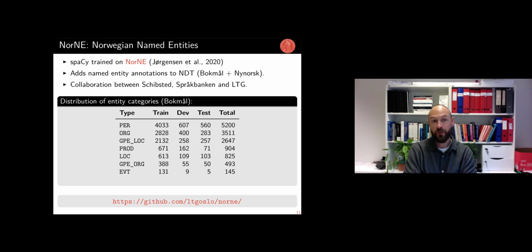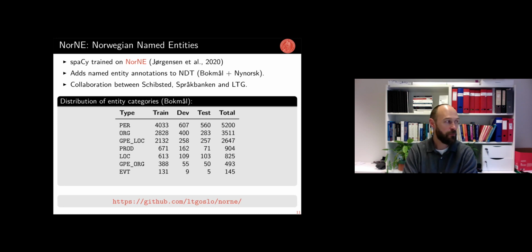The table here shows the distribution of entity types in the bokmål section of the data. So it's fairly fine-grained, so we have information about persons and organizations and locations, like we saw in the spaCy example, but also for products and events, and also a category for geopolitical entities in both the location and organization sense.